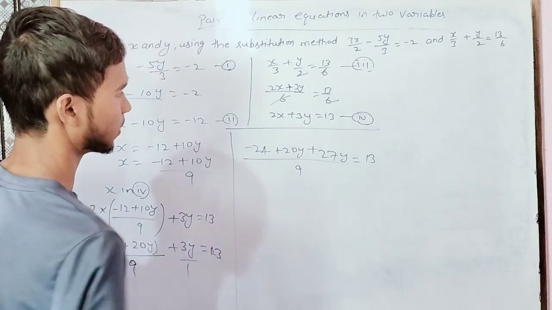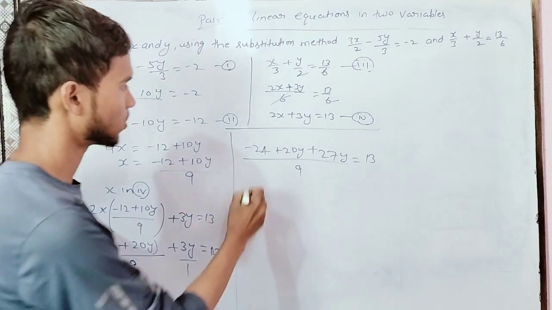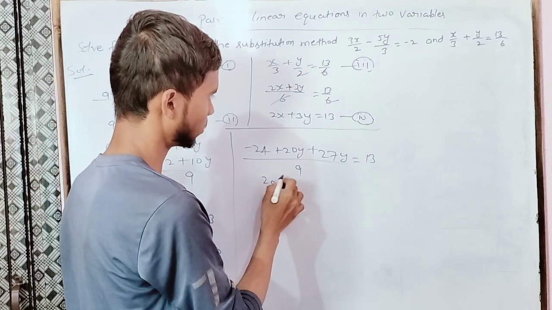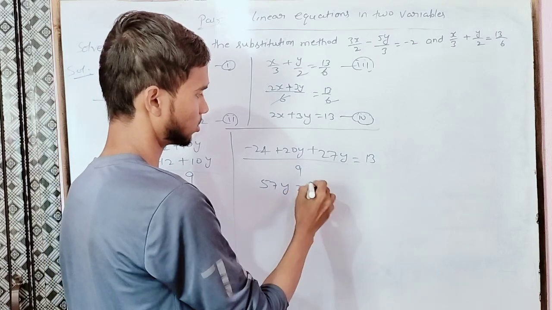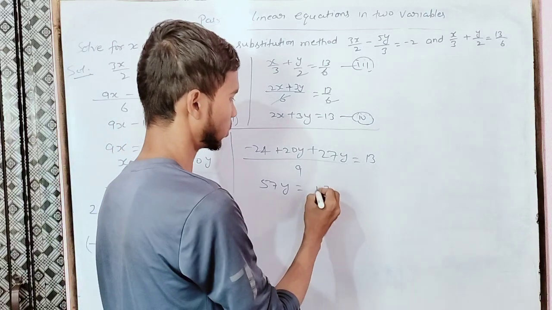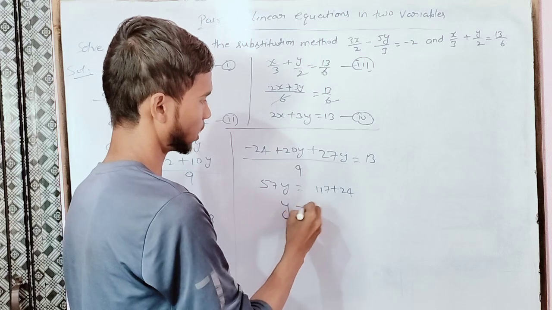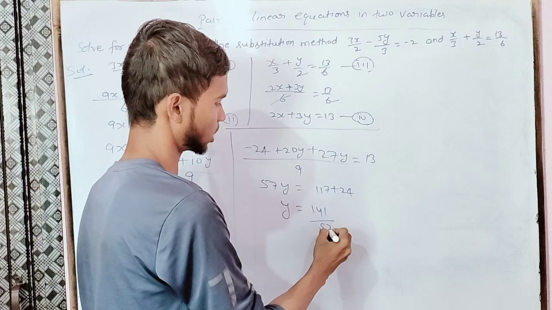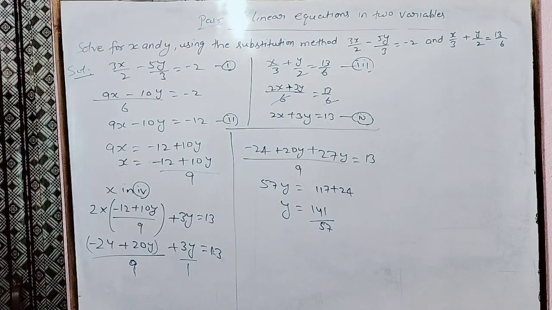Now we have minus 24. So can we write 20y plus 27y, so it will be 47y. And 9 times 13 is 117, so 117 plus 24. So y is 141 upon 47.